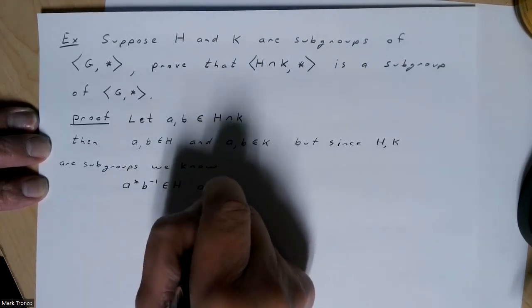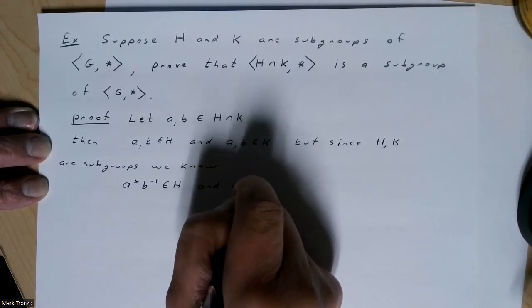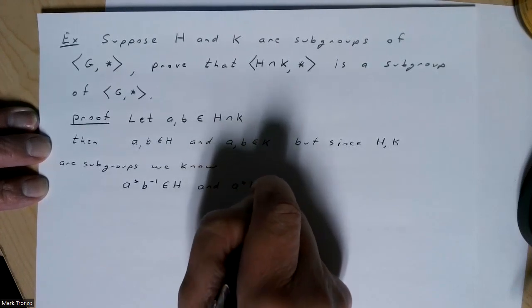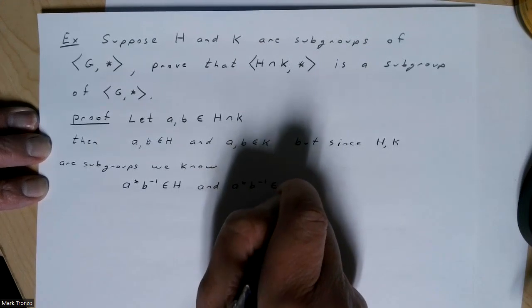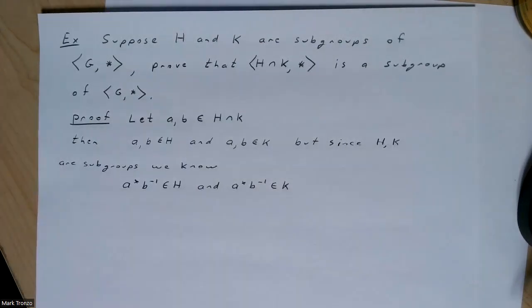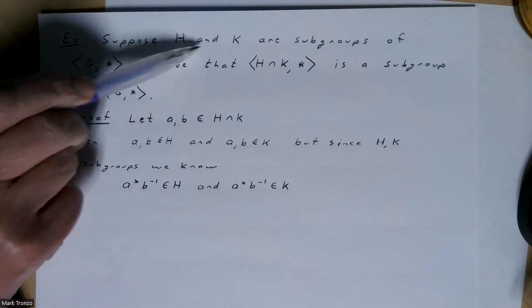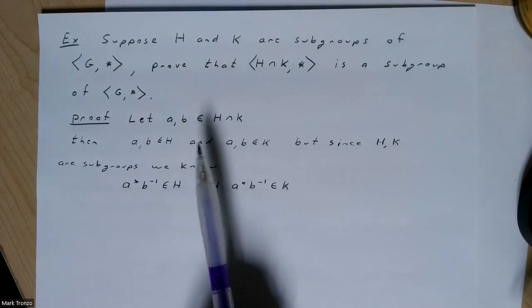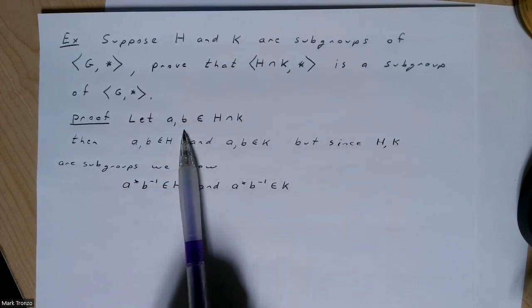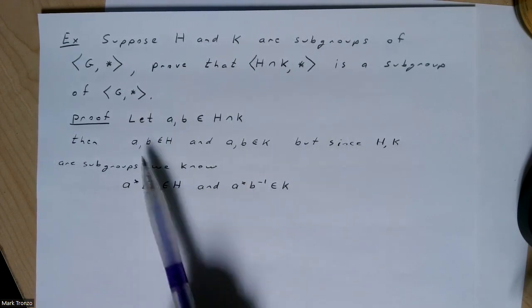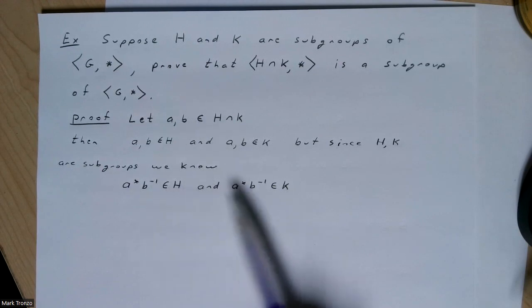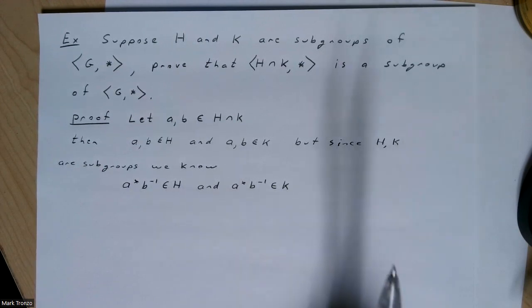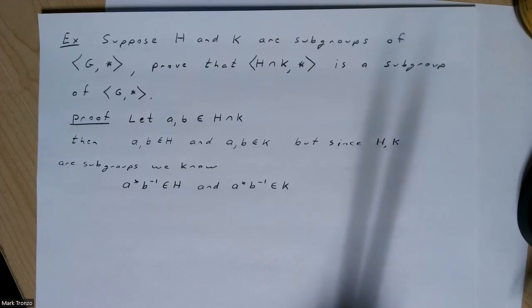And we also know that A star B inverse is in K. We know that because we're told that H and K are subgroups, and therefore they obey the subgroup test. So we started here, determined A and B were in each of those, and therefore this is true since they're subgroups.